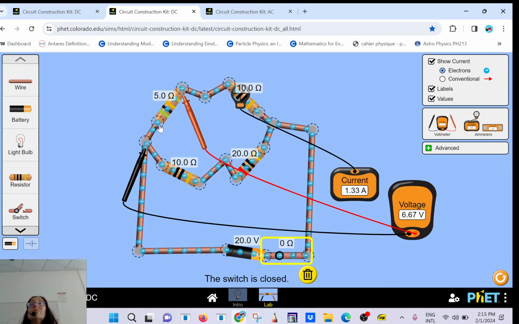I want to do demos because I don't want to bring that back. So let me quickly do it here. Okay, so we have here a negative charge. What do you think is happening here?